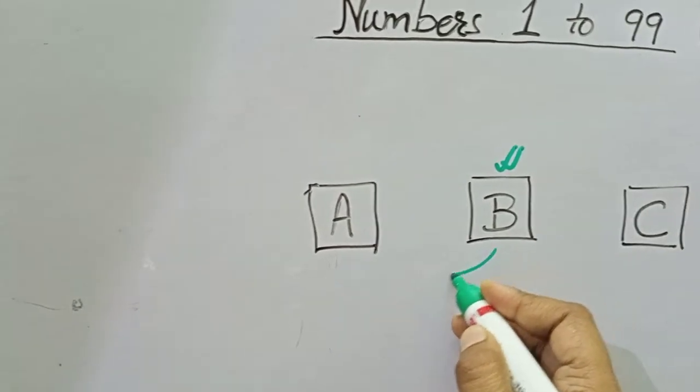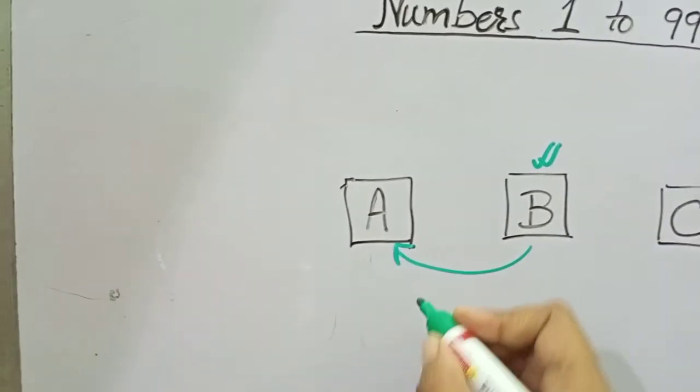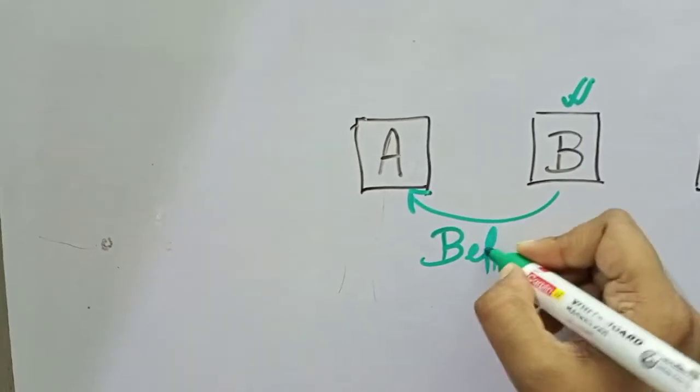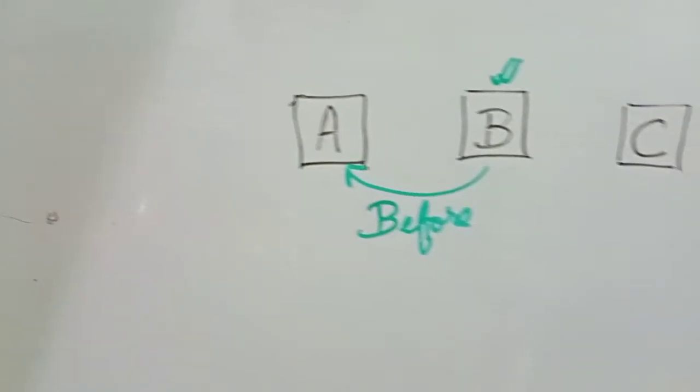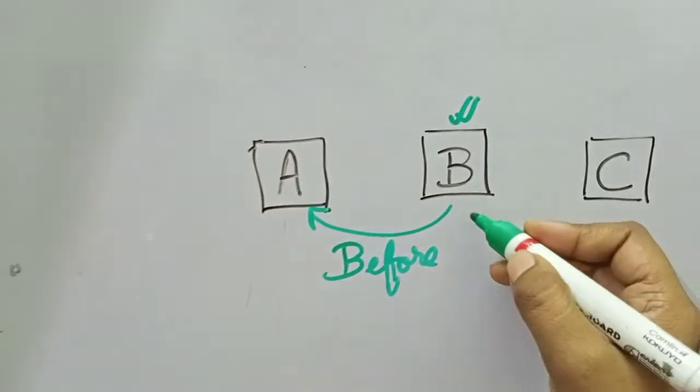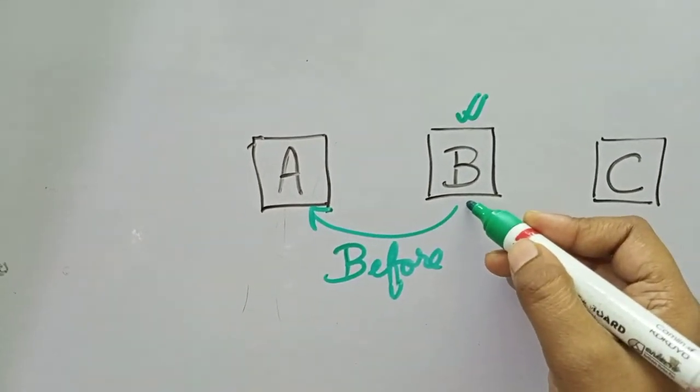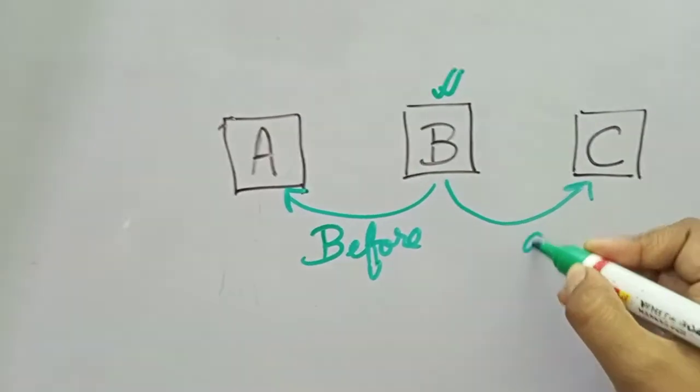Then I will say it is person A. He is before. Now if I ask who is after person B, then that will be person C.